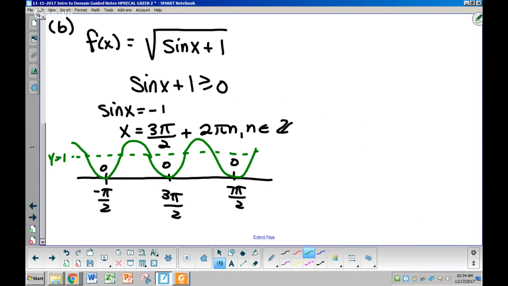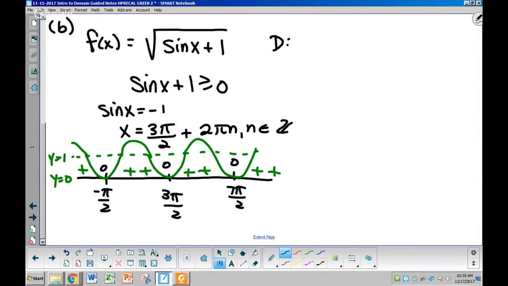Well, we decided it was equal to 0 when x was all of these points, right? And this is y equals 0 if we're doing a sign chart. So this is going to be plus, plus, plus, plus, plus, plus, plus. All real numbers. Will it always be that way? Well, for this one.